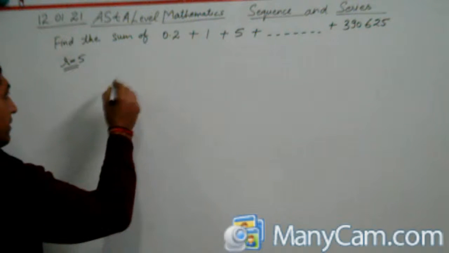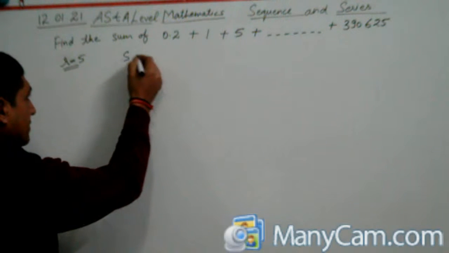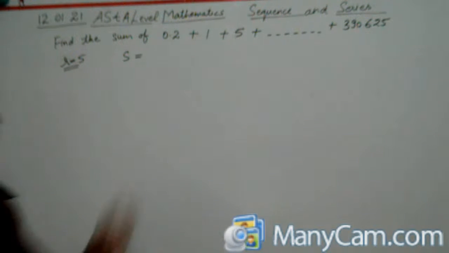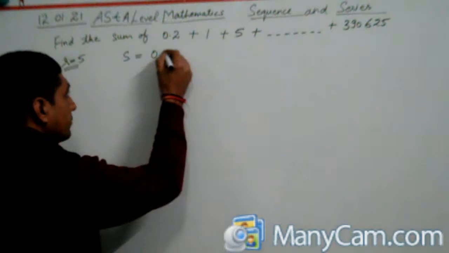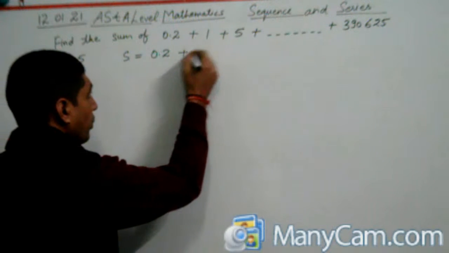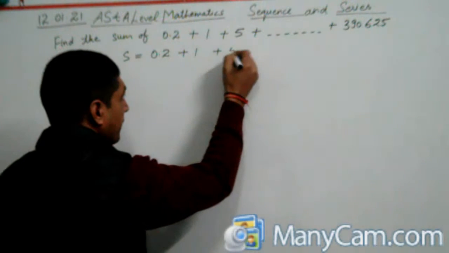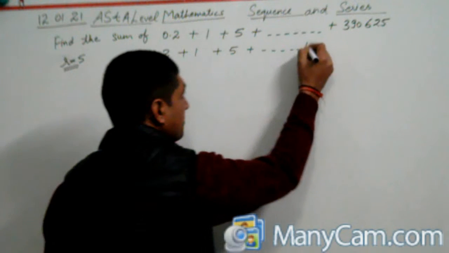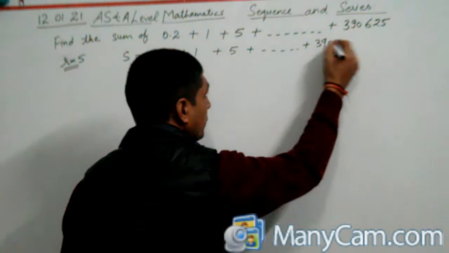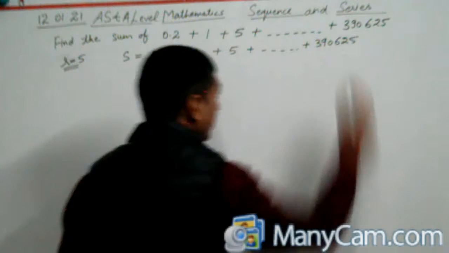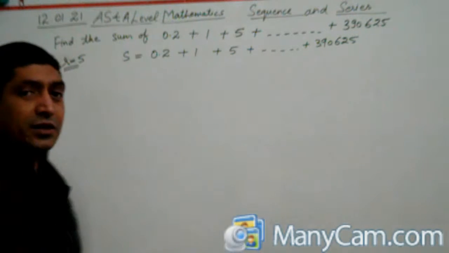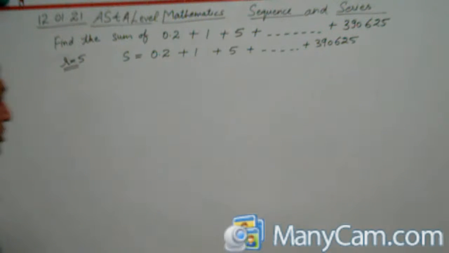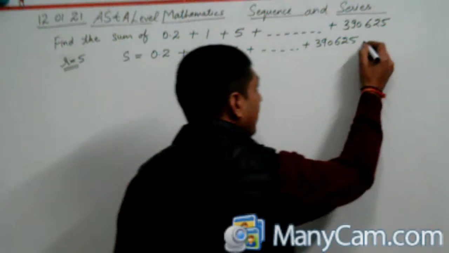So let S be equal to 0.2 plus 1 plus 5 plus so on, plus 390,625. This is equation number 1. Here the common ratio is 5, so we will multiply this equation by 5 on both sides.